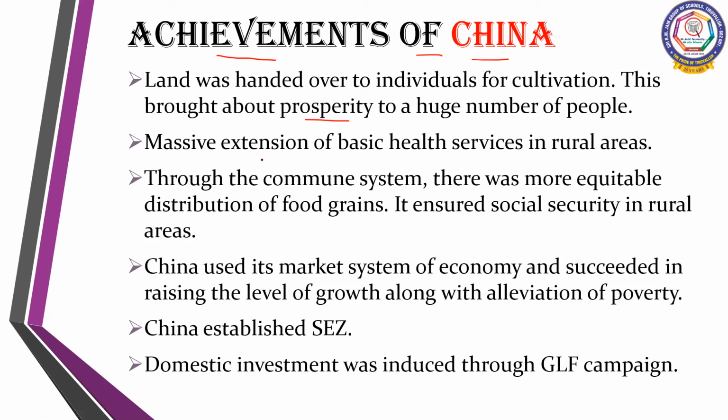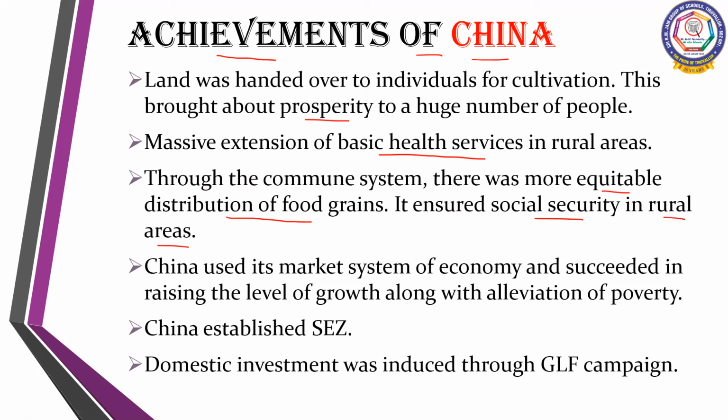The massive extension of basic health services in rural areas also brought about a lot of changes in China. Through commune system, there was more equitable distribution of food grains. It ensured social security in rural areas.